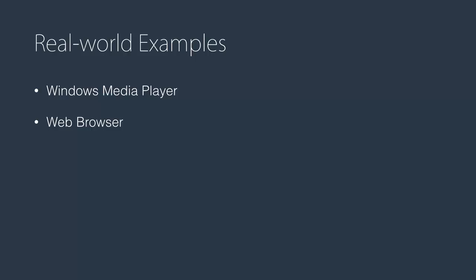If Windows Media Player did not utilize asynchronous programming, as it was accessing the file system and reading a piece of music, the window would freeze. You could not touch that window. Same for your web browser. As a web browser downloads content from the web, the UI is still functioning. It's responsive. And that's the benefit of asynchronous programming model.